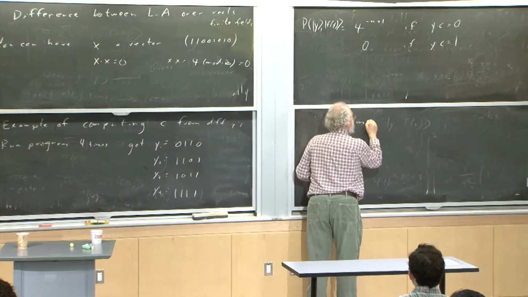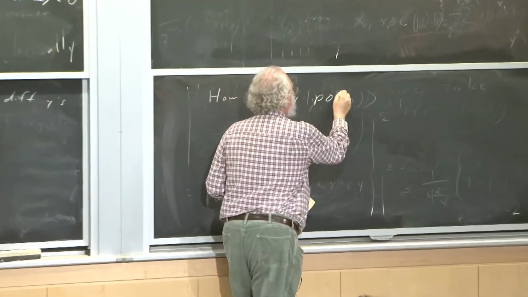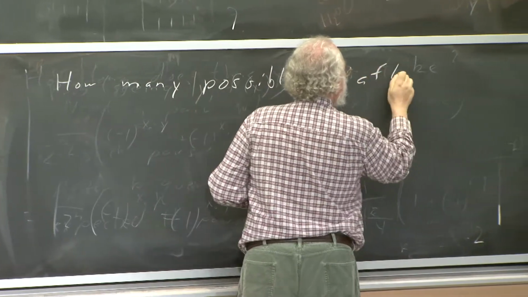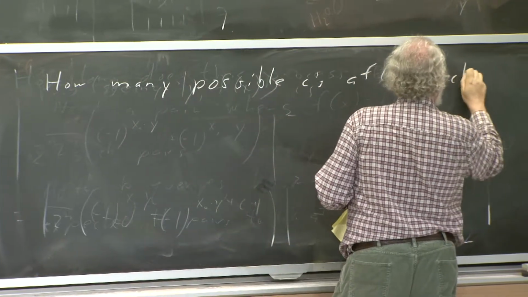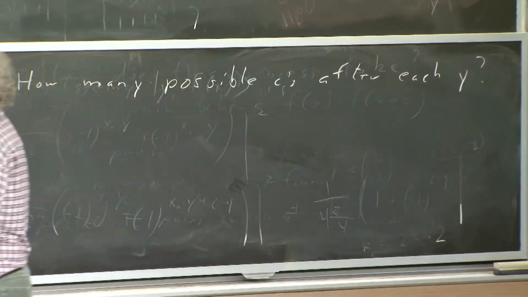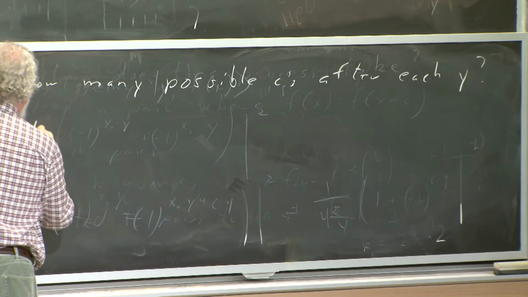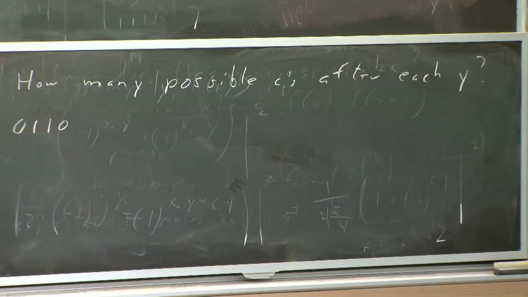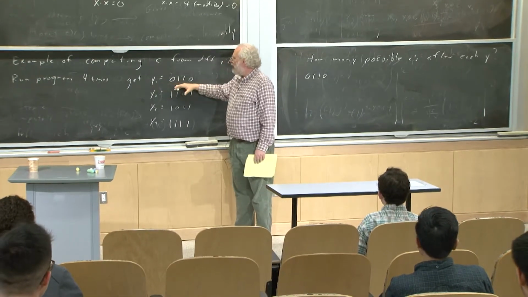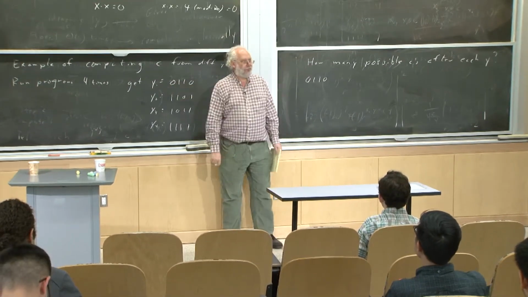How many possible C's are there after each y? Well, 0, 1, 1, 0. We're eliminating all values of C which are not perpendicular to this.